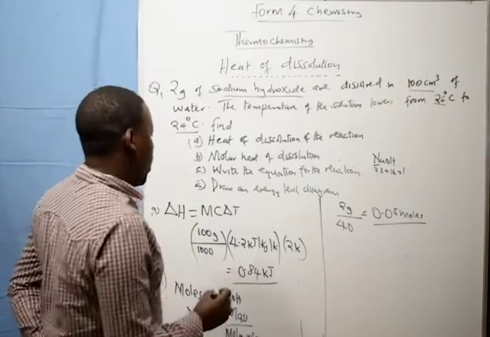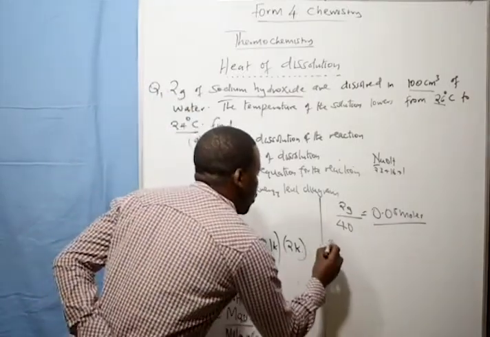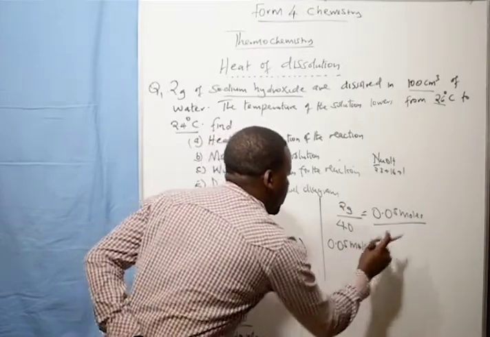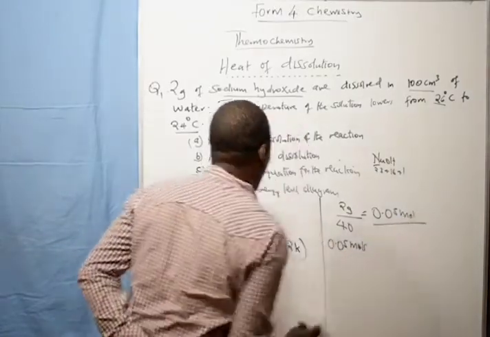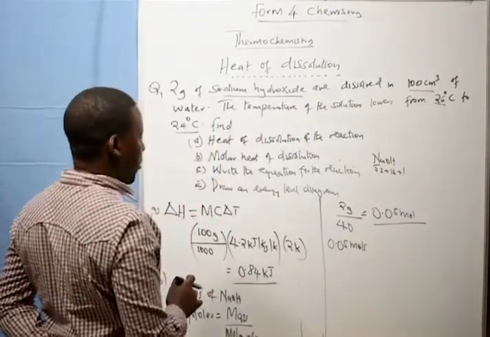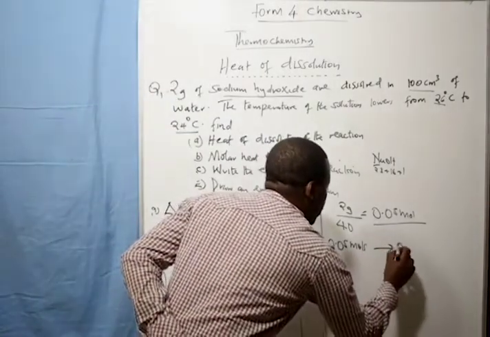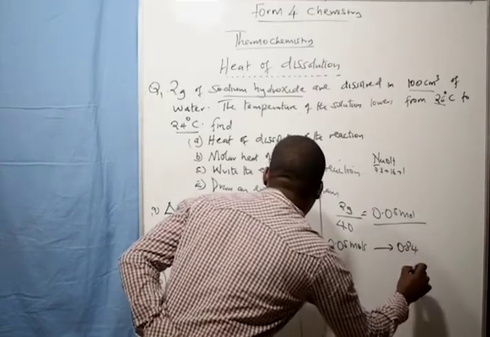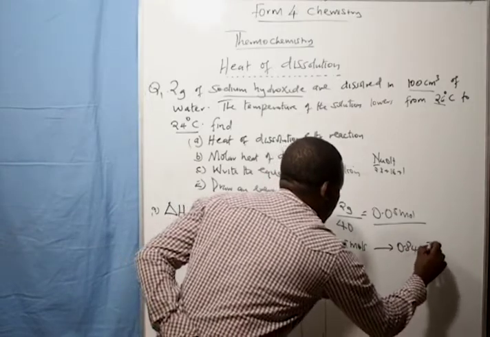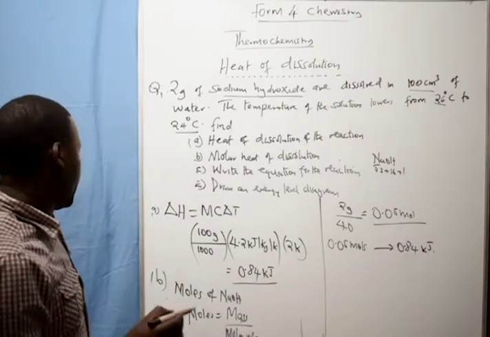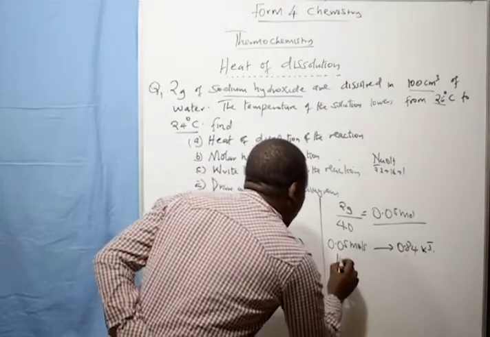Therefore, when you dissolve 0.05 moles of sodium hydroxide, the enthalpy change produced is 0.84 kilojoules. What if you will dissolve 1 mole?